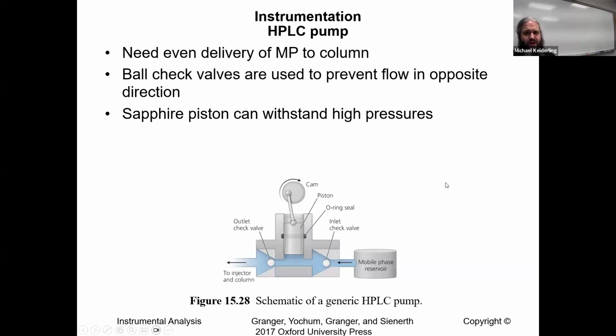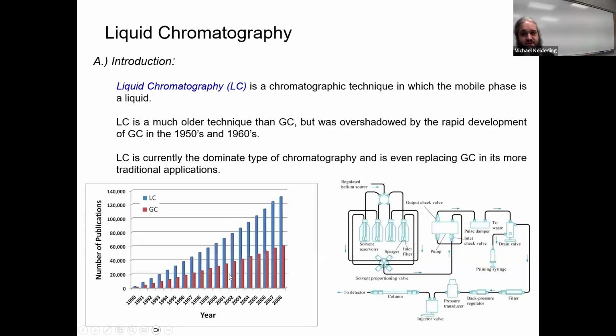And then you also have some things in the line to even out, because this pump is going to pulse, and you want to get rid of those pulses. So there's some additional structures like pulse dampers and back pressure regulators and such to smooth out the pumping.